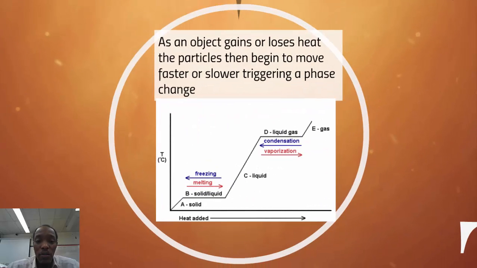So when an object gains or loses heat, the particles begin to move faster or slower, triggering a phase change. We talked about phase changes before, how we go from a solid to a liquid to a gas, and vice versa. When we look at our graph here, we see that as objects go from a solid to a liquid, there's a point where the plateau levels out.